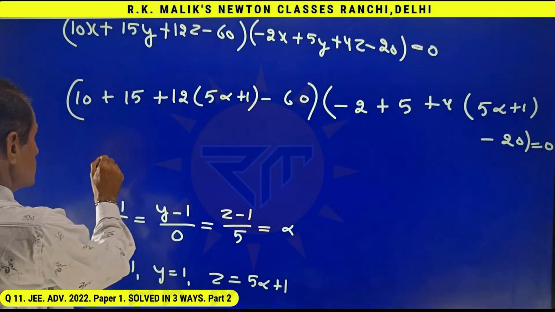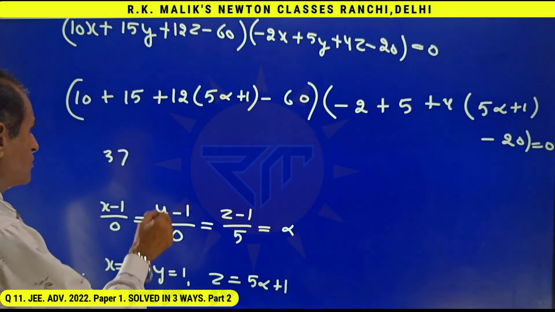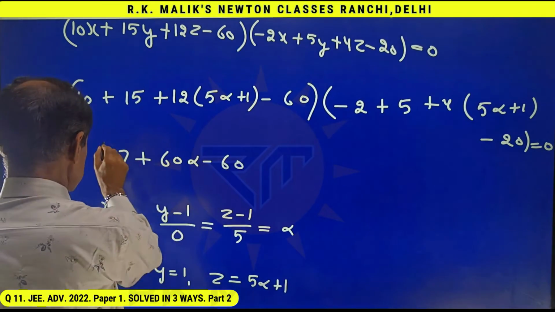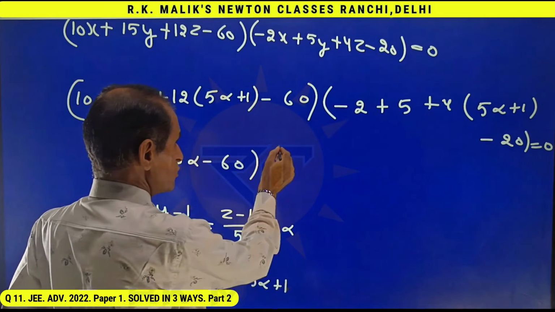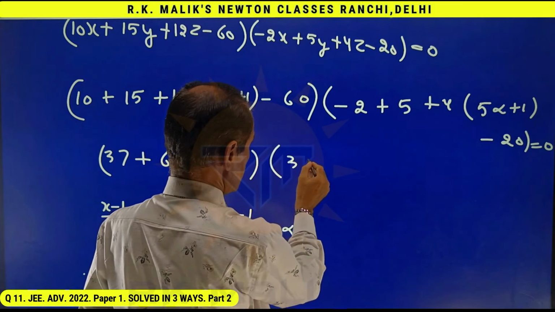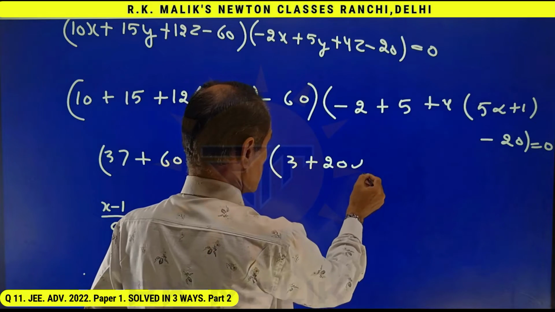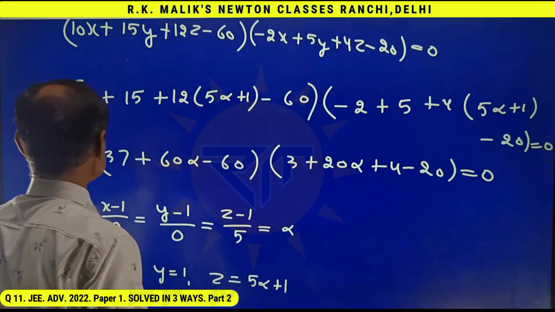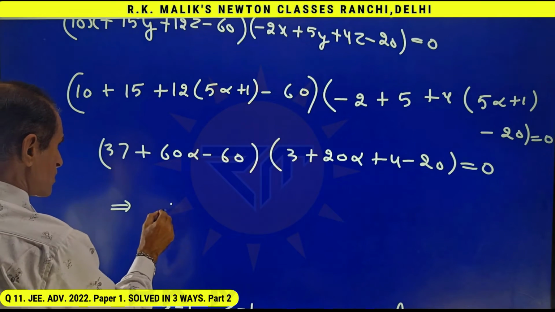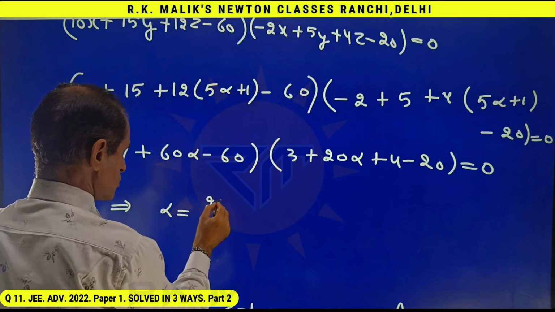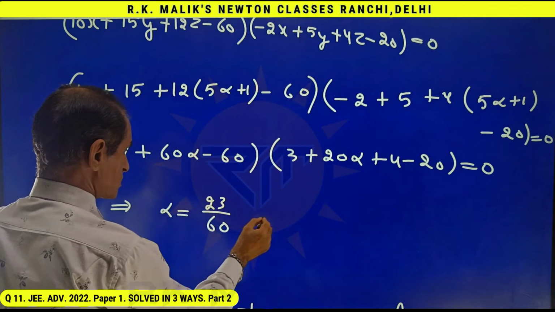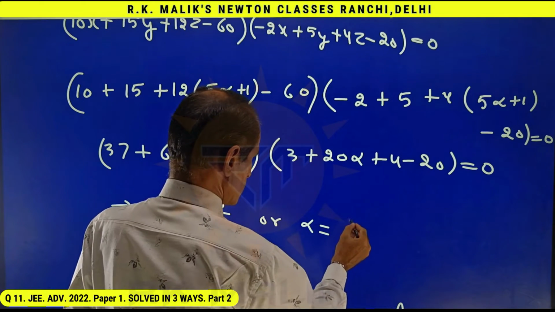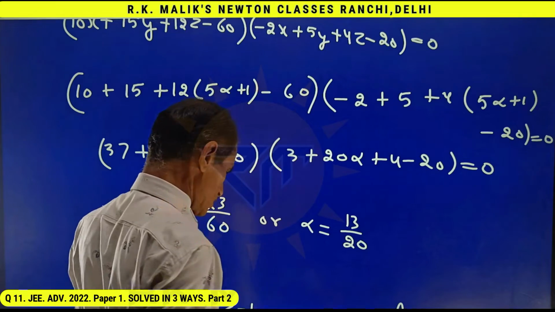That is, I get 37 plus 60 alpha minus 60 into 3 plus 20 alpha plus 4 minus 20 equal 0. This will mean that alpha is equal to 23 by 60 or alpha is equal to 13 by 20.